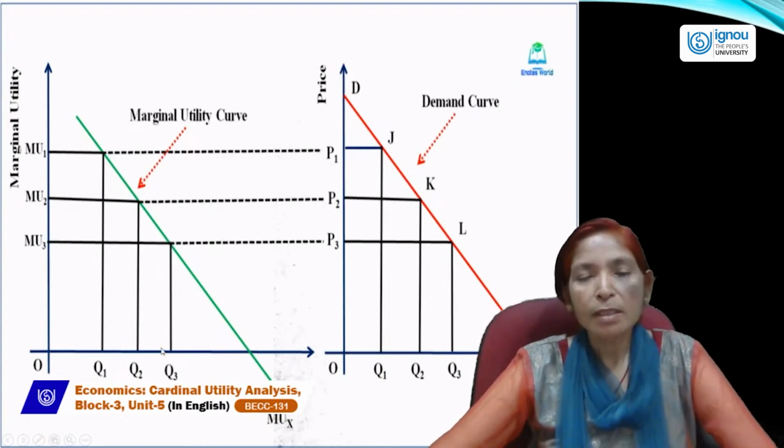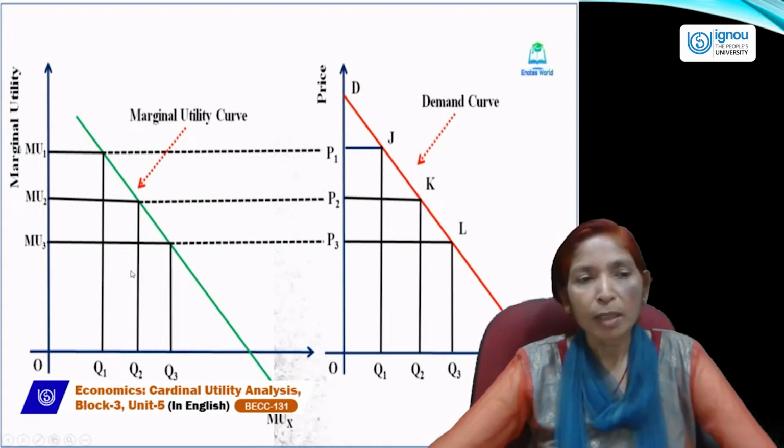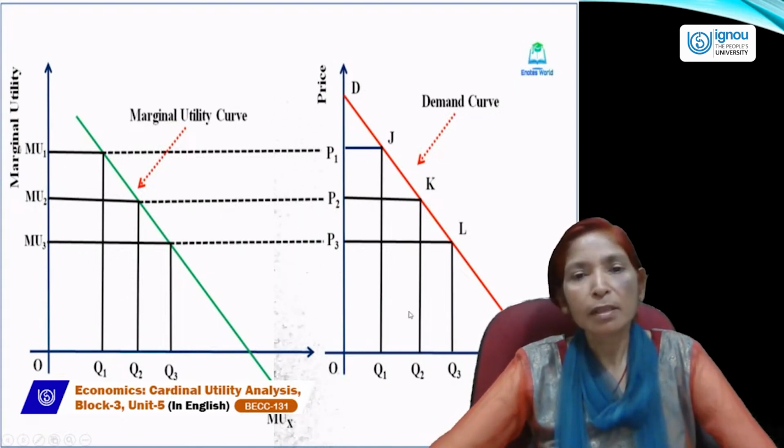At Q3 units, if we are consuming higher units, satisfaction will be less, MU3. At Q2 units, satisfaction will be MU2. And at Q1 unit, when we are consuming fewer units, satisfaction will be higher, MU1. Now we can derive the demand curve with the help of this curve.